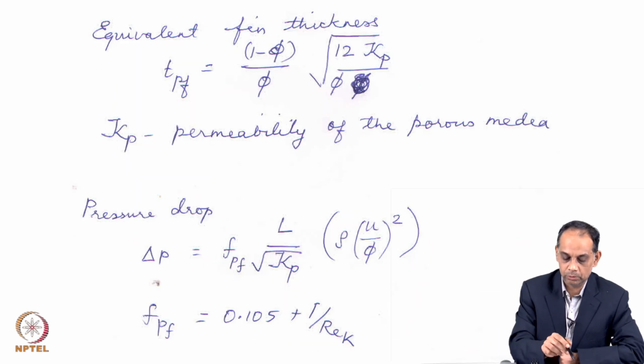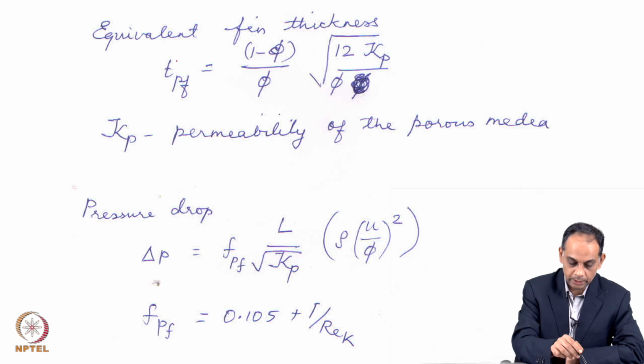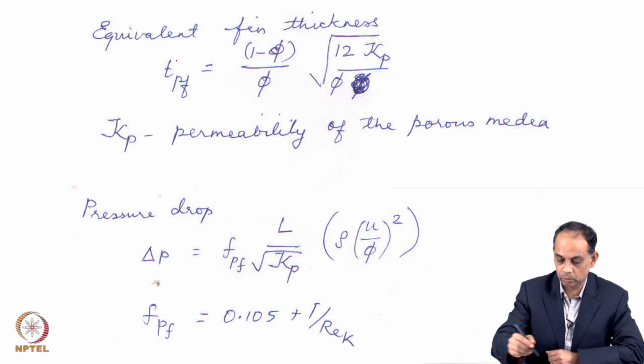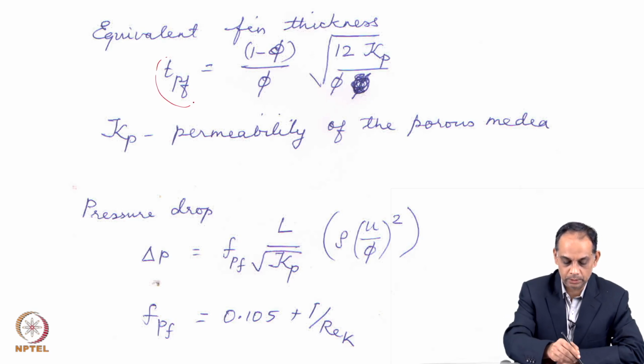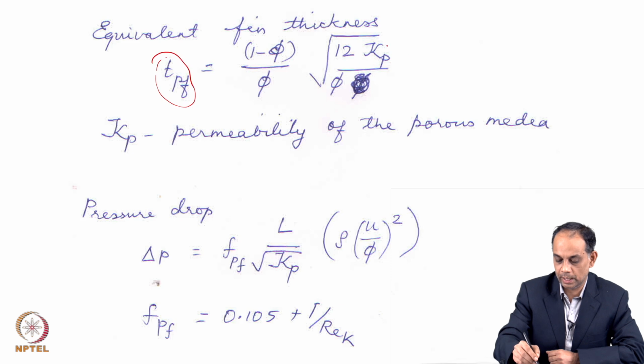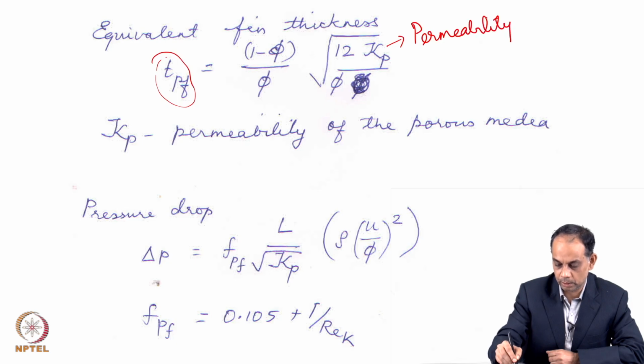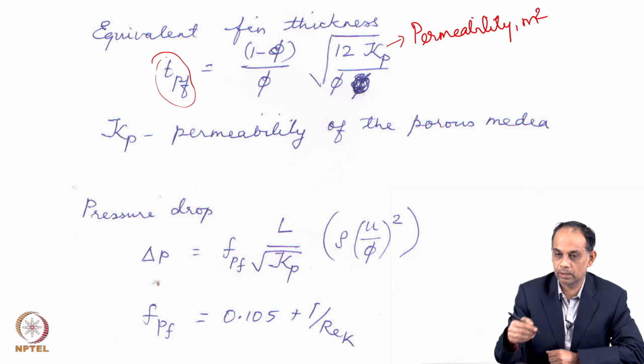All you have to do is equate the thickness to this thickness. There is a known K, kappa or K sub P, the permeability of the porous medium. As we discussed previously, this is well documented. It is a geometric constant of a porous medium, and it can be obtained from any measurement of pressure drop of foams.